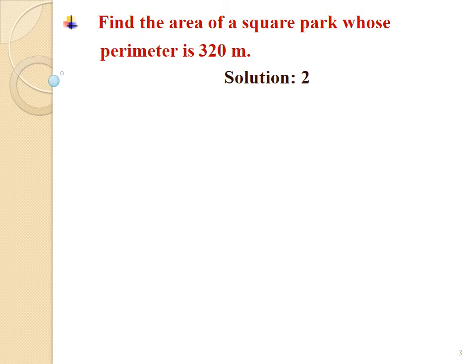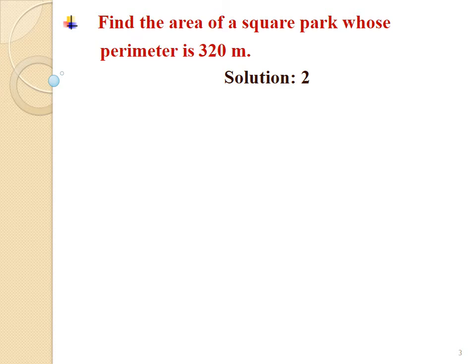So in order to find the area, first of all, we have to find side of a square, and we know that side of a square equals to perimeter divided by 4.